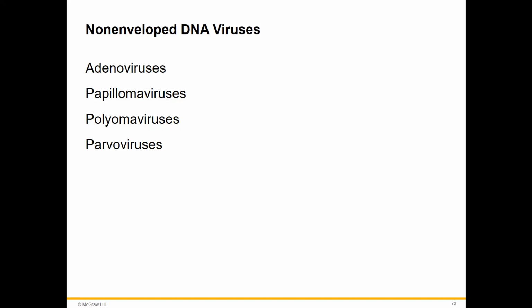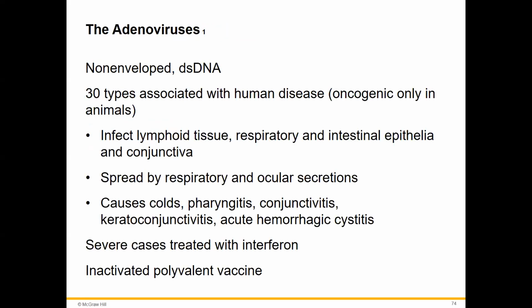Non-enveloped DNA viruses. We have our adenoviruses, our papillomaviruses, our polyomaviruses, and our parvoviruses. So our adenoviruses, these are double-stranded DNA, non-enveloped. There's many, many kinds that are associated with disease. They love to spread via respiratory as well as ocular secretions. They can cause colds, keratoconjunctivitis, all kinds of different things.